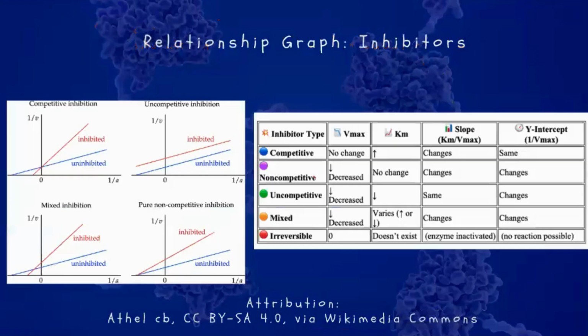So keep that in mind, because when we're talking about non-competitive inhibition here, if we are inhibited, that means there are going to be changes in both the slope and the y-intercept, and the velocity at which it reaches its peak for the inhibited is essentially going to decrease.